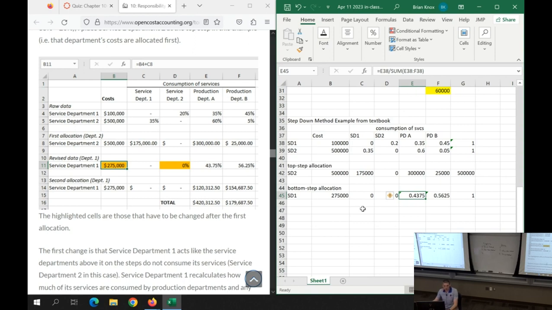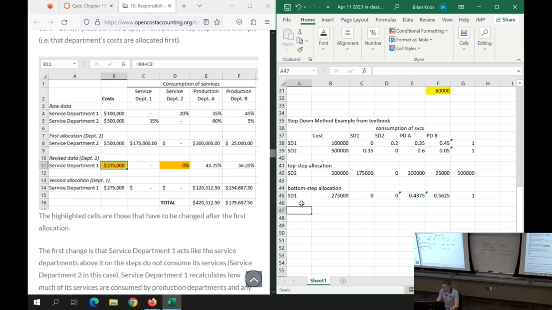That's always true for the bottom step service department, because it will have effectively ignored all interdependencies because they're all up step of it, which is the same thing for the direct method. Just start out by ignoring all the interdependencies.